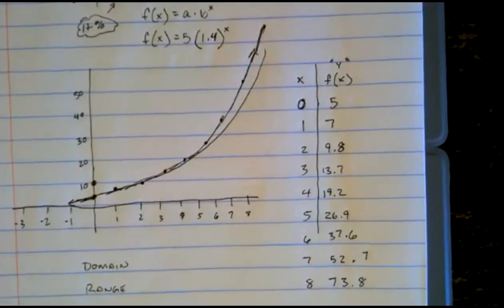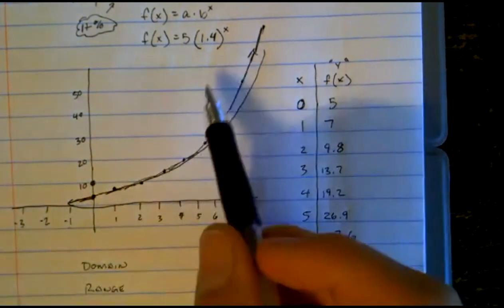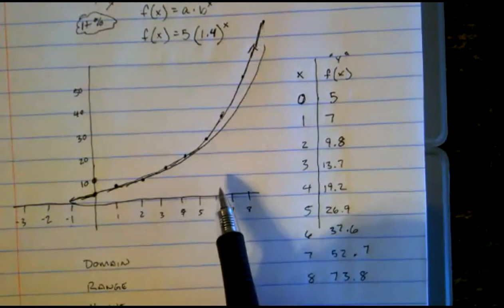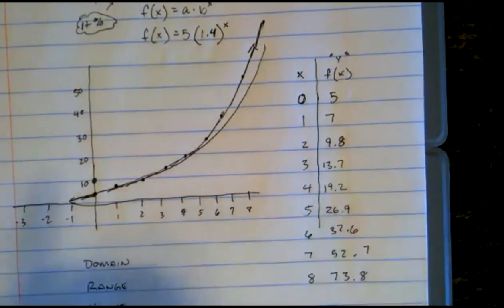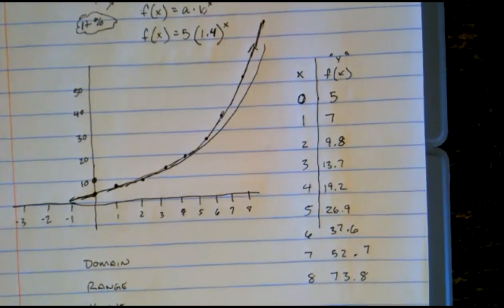So these things are going to have movement. And so there is movement infinitely to the left, and there's movement infinitely to the right because we're just counting up in days. Now, in this scenario, we can't go backwards in time. So that might limit the domain that we talk about.